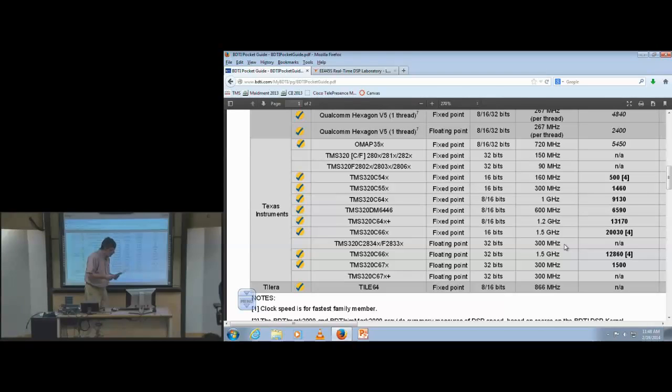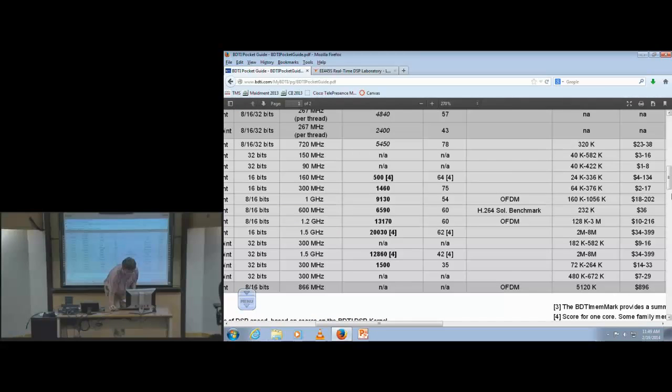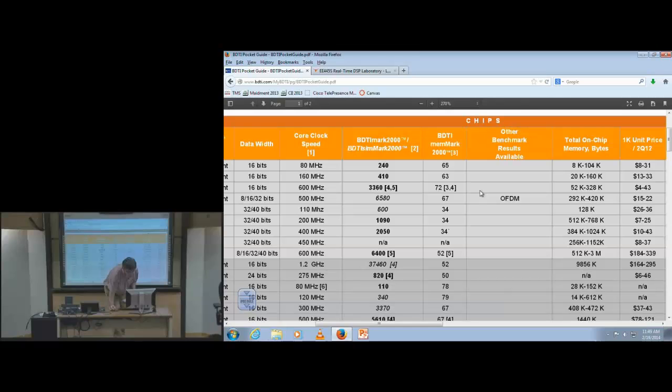The next column up here is benchmarking, and the benchmarking has 2 flavors. If they actually did it on a physical processor, it's in bold, and if they did it through simulation, it's italicized. The ones that are italicized are estimates of the simulation benchmark, based on projected clock speeds of the processor.